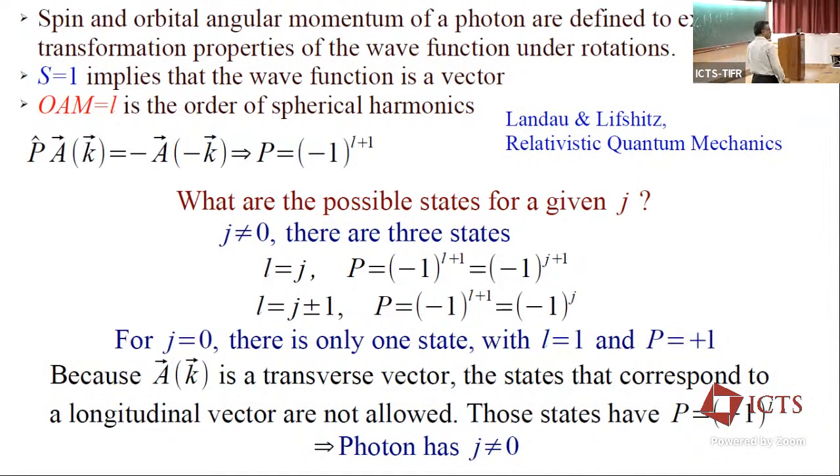Of course, polarization has been related to angular momentum since the 19th century, because there is an experiment showing that the polarization of light can be exchanged to a material particle, and that will lead to the rotation of a disk. So it is a well-known experimental fact that light carries both linear momentum and angular momentum.